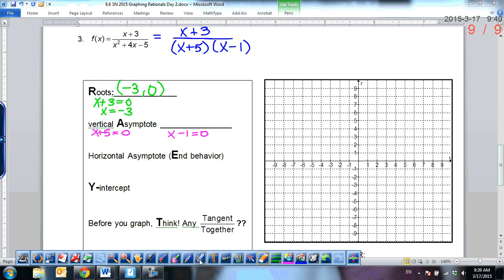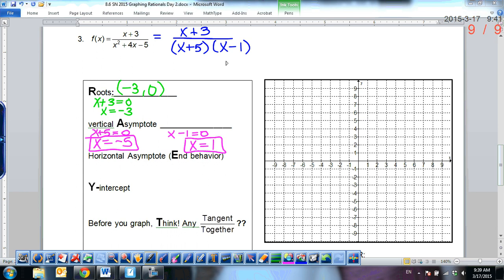So what are our two vertical asymptotes going to be? X equals negative 5, and x equals 1. Everyone okay with that?